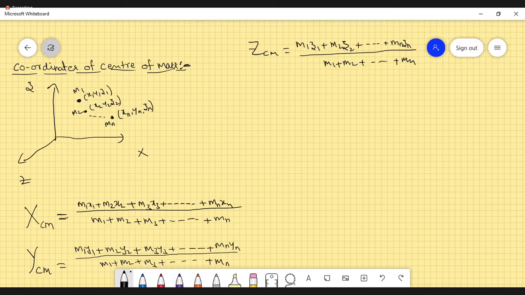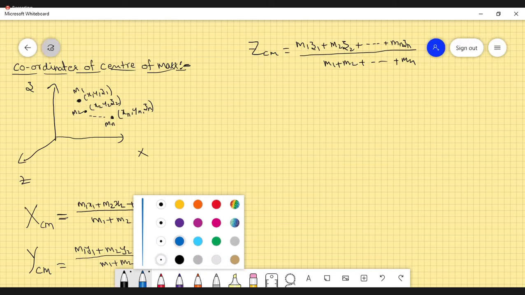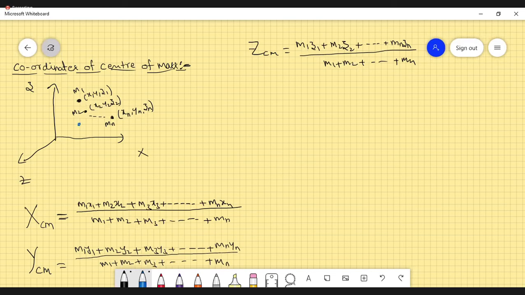So now we get the x coordinate, y coordinate, and z coordinate of the center of mass. Suppose the center of mass of the n particles is here. Then its coordinates are x cm, y cm, and z cm.